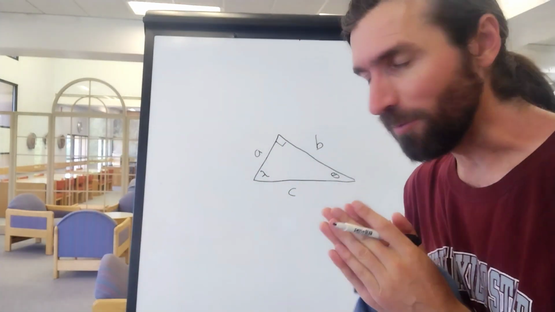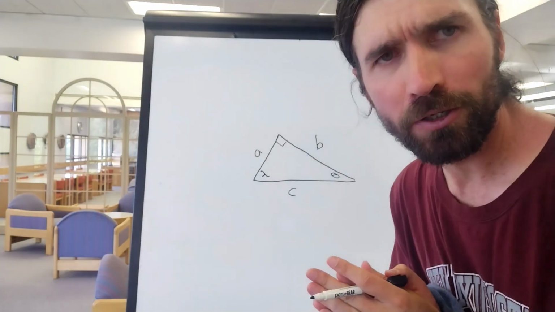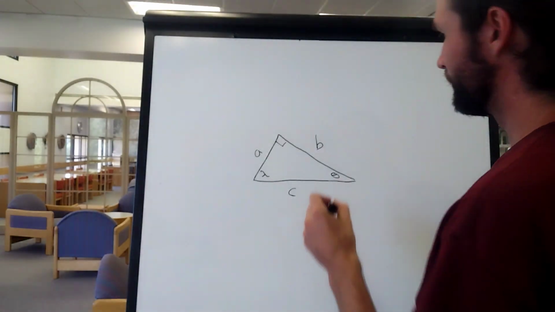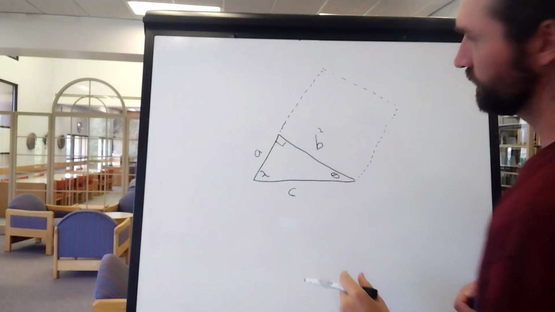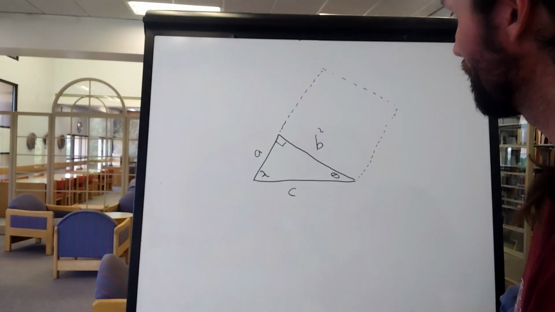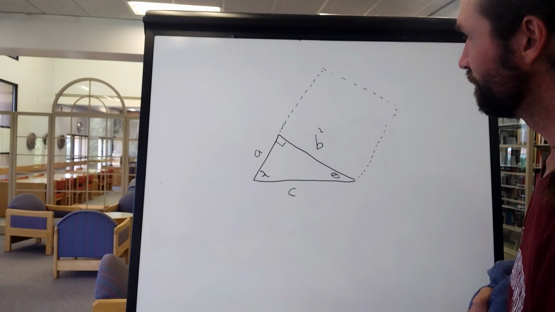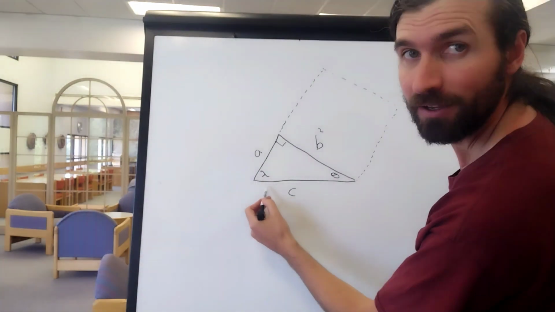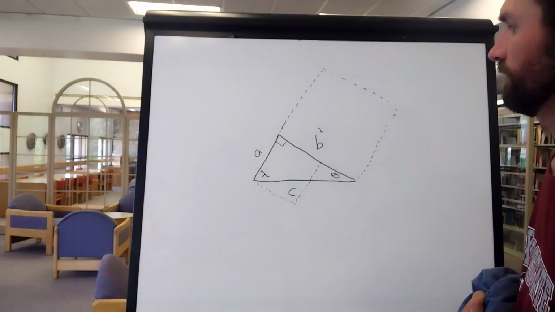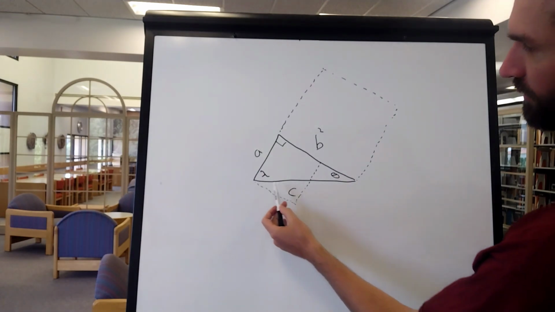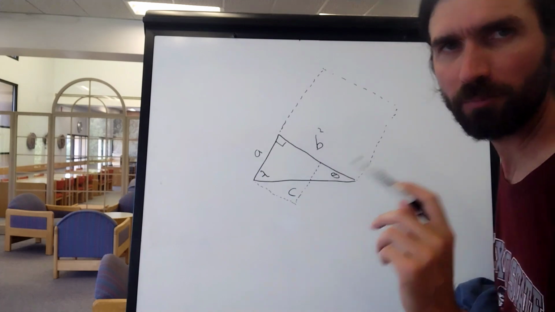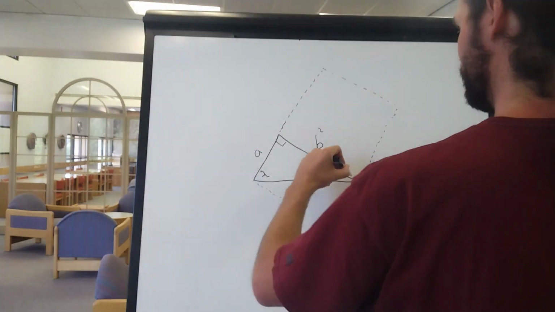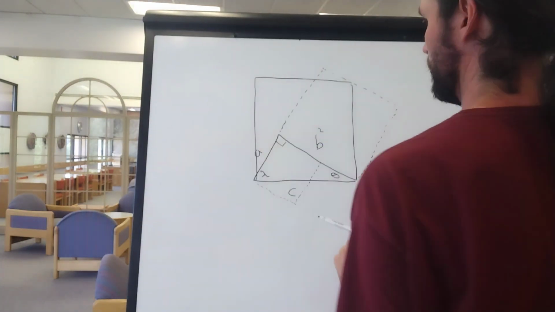Okay, here we go. The first thing we're going to do is square b. That pretty much looks like the square, okay? And then we're going to square a. All right, and the last one we have to do is square c, and we're gonna make that one as a solid line. Here we go.